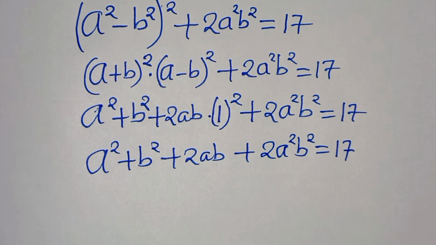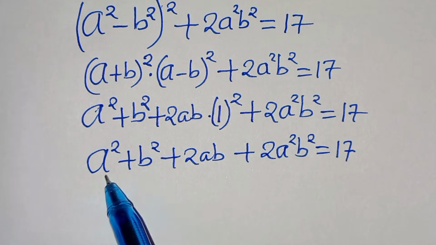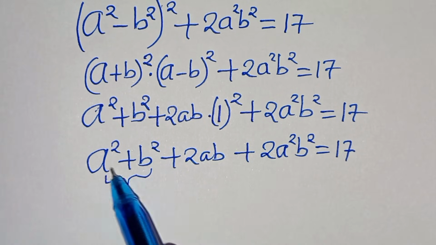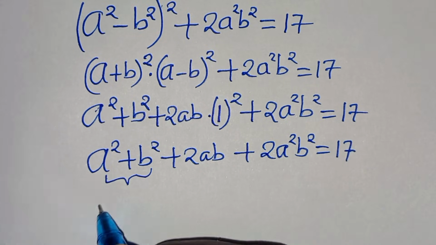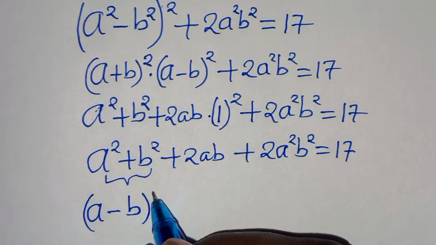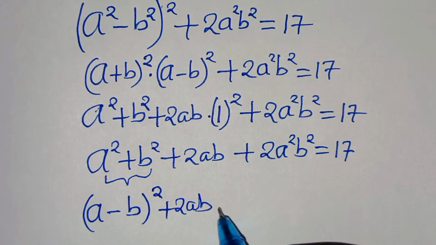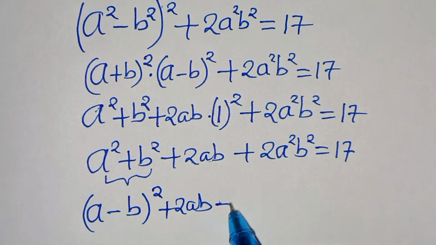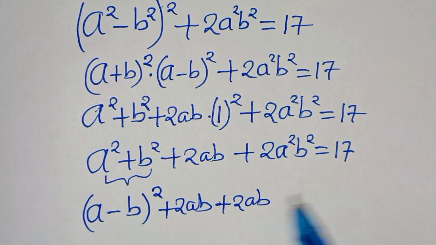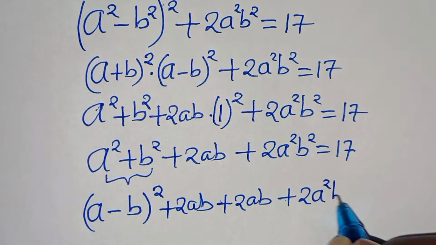Now, the next step from here, we have that a squared plus b squared can be expressed as (a minus b) raised to the power of 2, then plus 2ab. Then now we have 2ab here, so plus 2ab, then plus 2a squared multiplied by b squared.